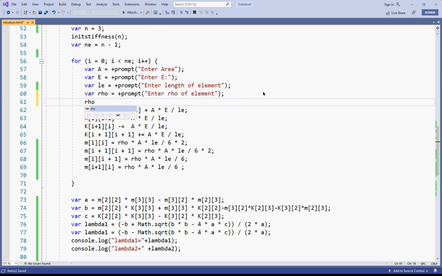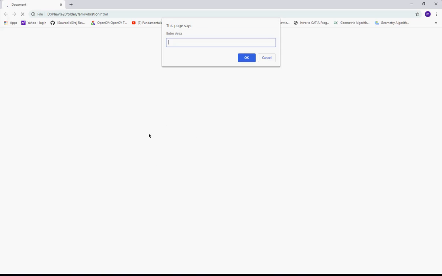So I say rho is equal to rho into 10 to the power minus 9. So this is lambda 2. Fine. So I just change this. No issue. Now just reload.